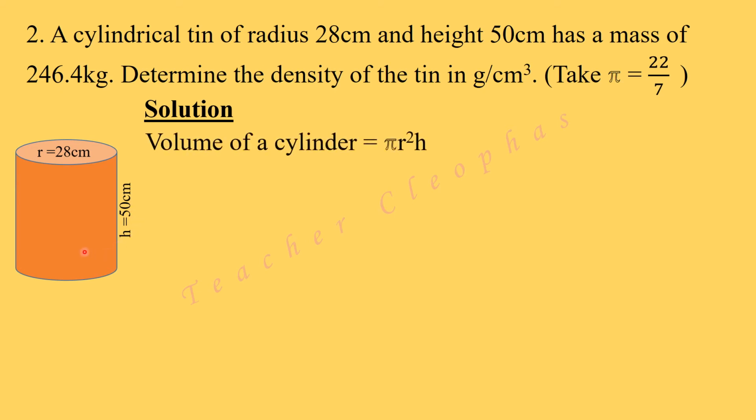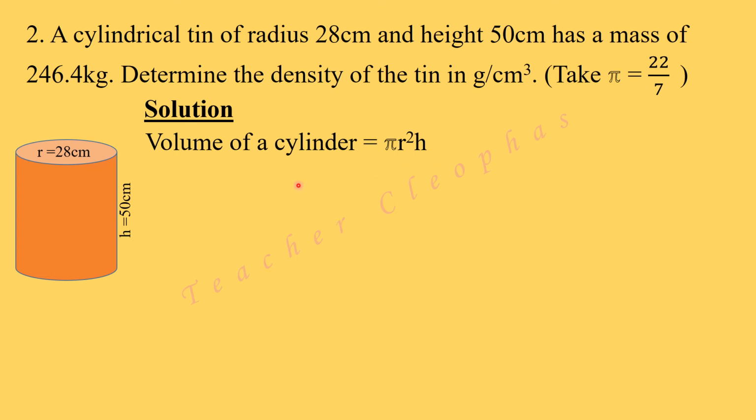The first thing is that we need to find the volume of this cylinder since it's not given. So how do we get the volume of a cylinder? It's simply pi r squared h equals the volume.